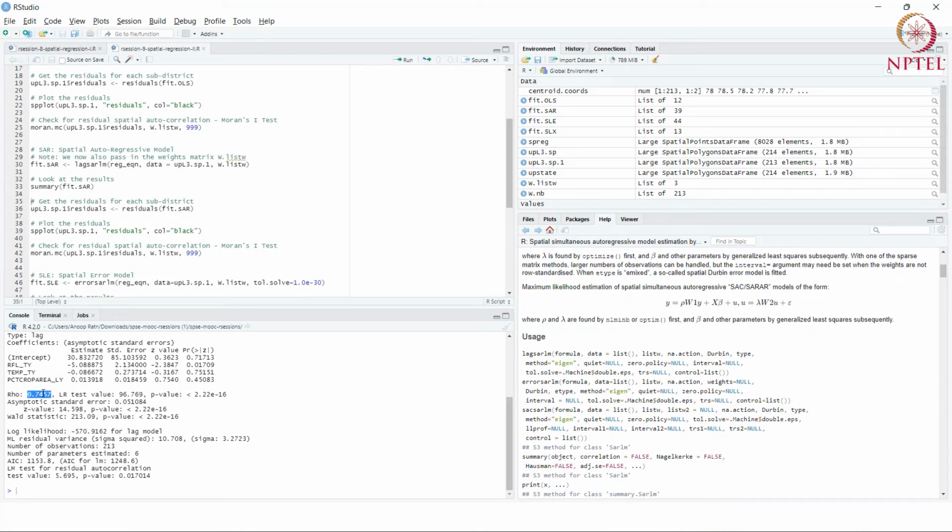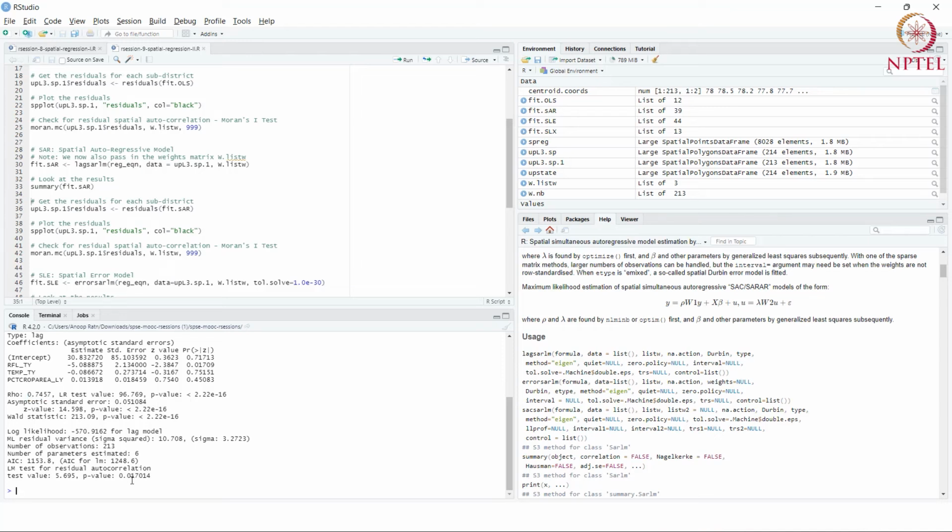So we see that the spatially lagged term has a fairly high explanatory power, that it takes away the explanatory power of rainfall. We see that groundwater levels in this region are not only influenced by rainfall in this region, but also strongly influenced by groundwater levels in the neighboring regions.